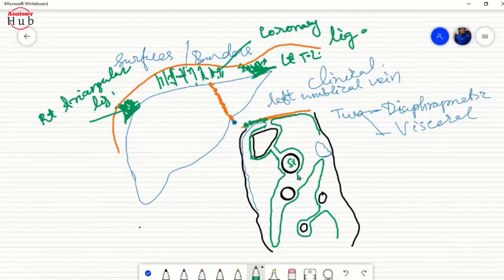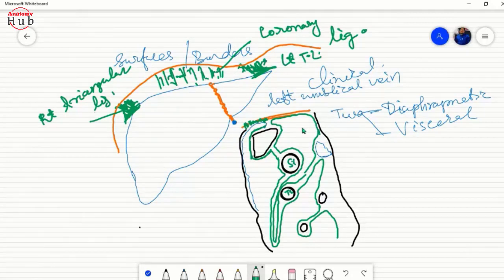Then it returns back in this way towards the greater omentum, and then goes back again, covering the superior surface of the transverse colon. This is the transverse colon. Then it covers the spleen and returns back.